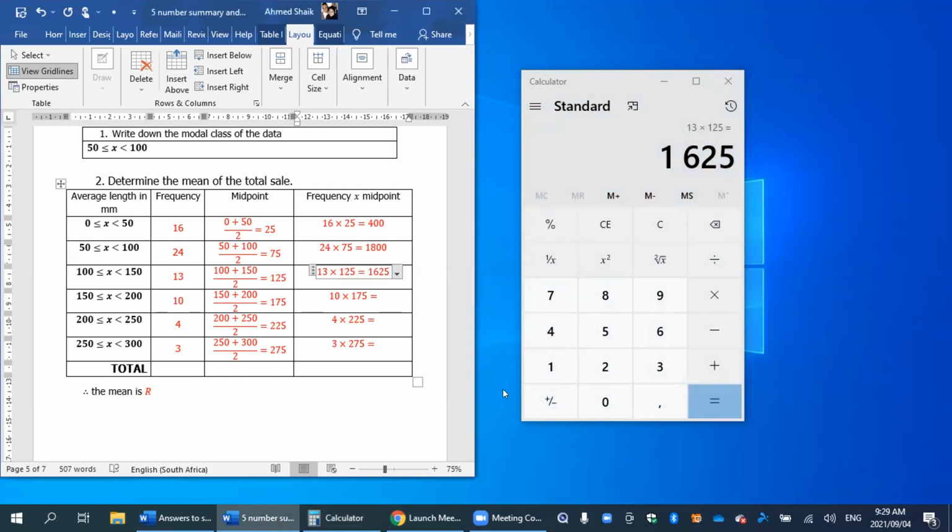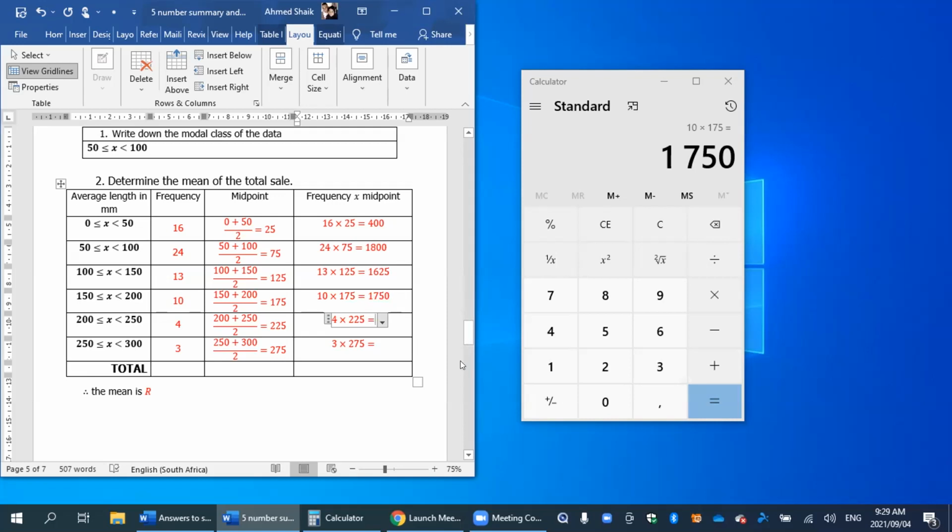If you're looking at our fourth frequency times midpoint, our calculation is 10 times 175, and that gives us an answer of 1750.